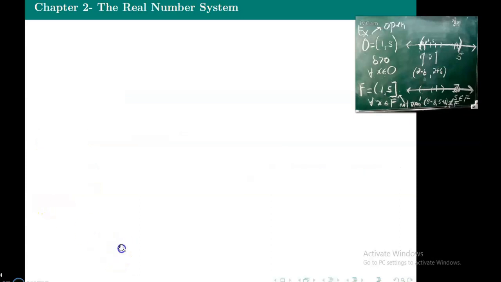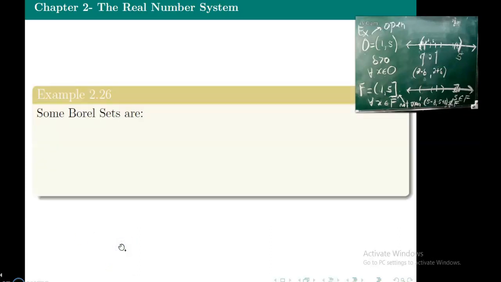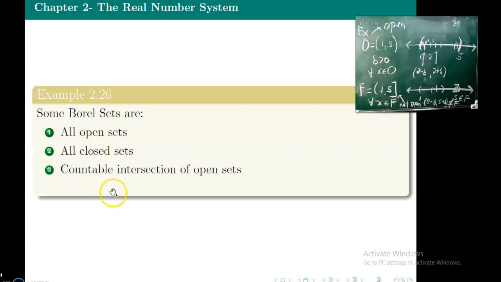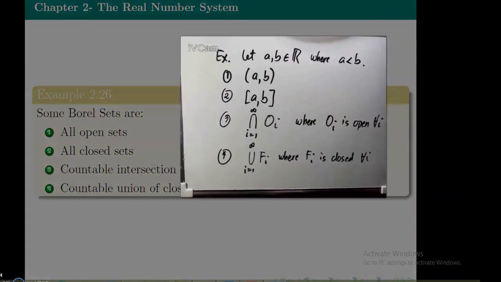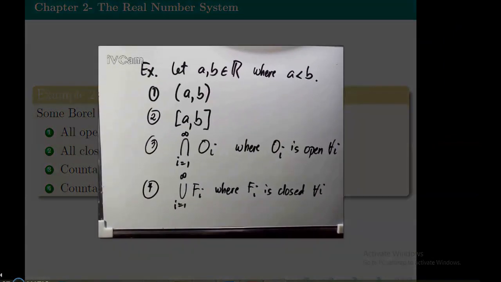So let's have examples of Borel sets. Some Borel sets are all open sets, all closed sets, countable intersections of open sets, and countable unions of closed sets. That is, we can let a, b be two real numbers, where a is less than b.